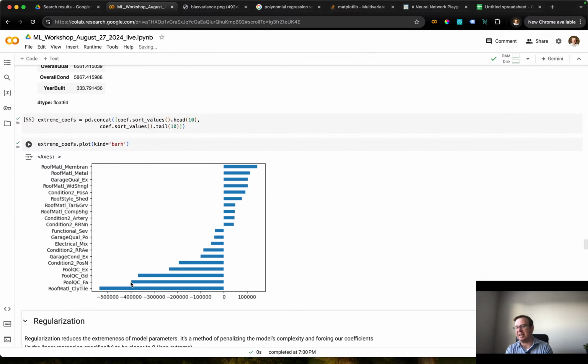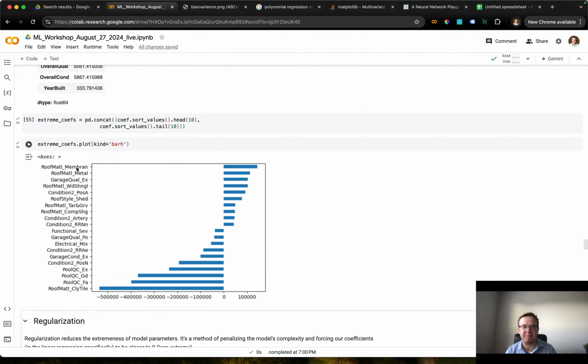Like this doesn't make sense. These coefficients have gone wonky, right? They're too extreme, and they're extreme because first off, these are maybe rare categories, and the rareness of those categories is causing some overfitting, but also there's maybe some multicollinearity going on as well. The roof material membrane, I think that's what that is.